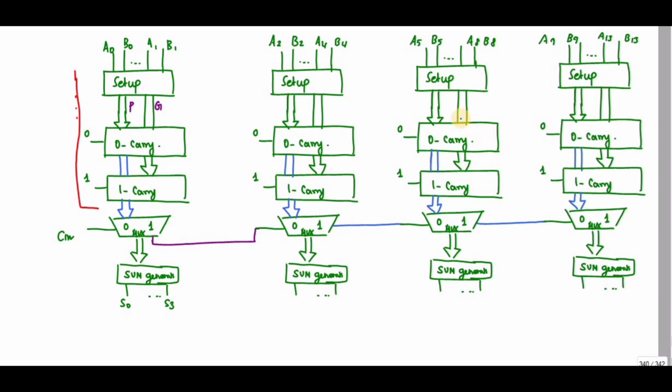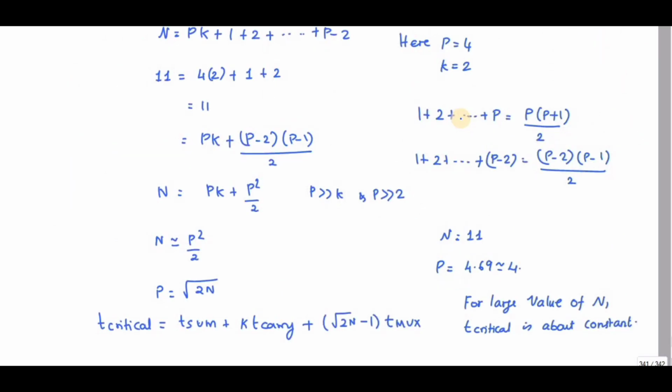So I can now write this for the square root carry select adder. Here you can see the k value is 2, right?